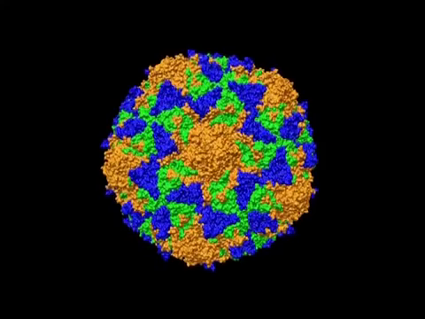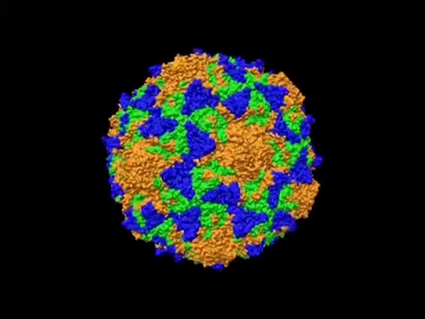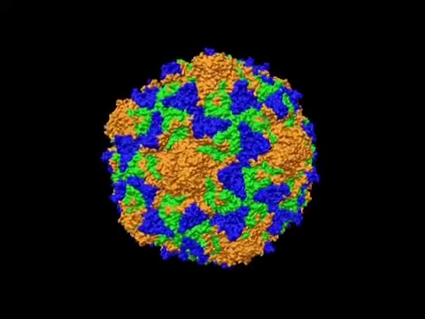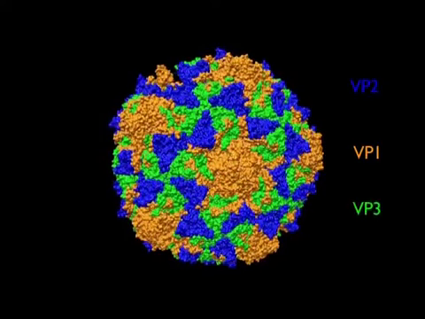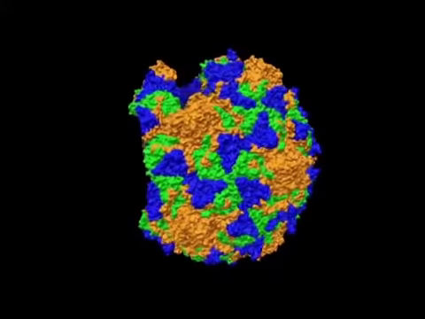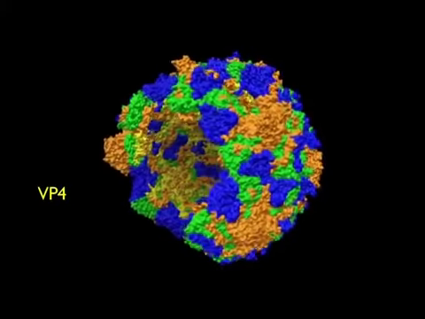This is the polio capsid at atomic resolution, and we can see that it is composed of 4 structural proteins: VP1, VP2, and VP3 on the outer surface, and VP4, which lies on the inner surface.